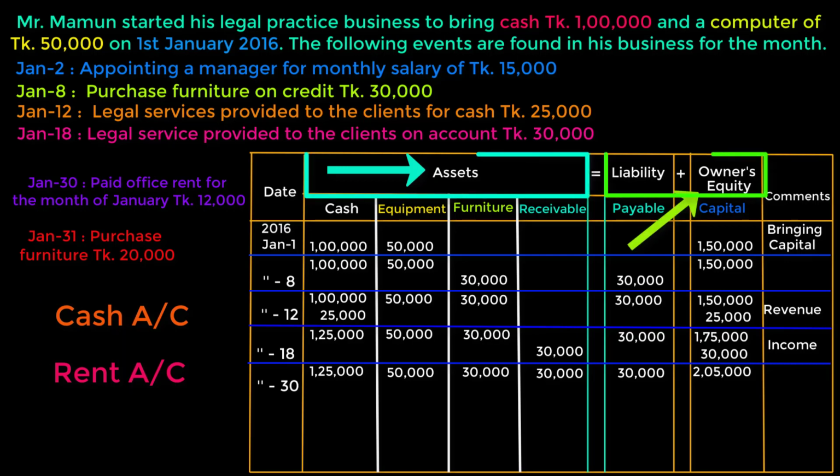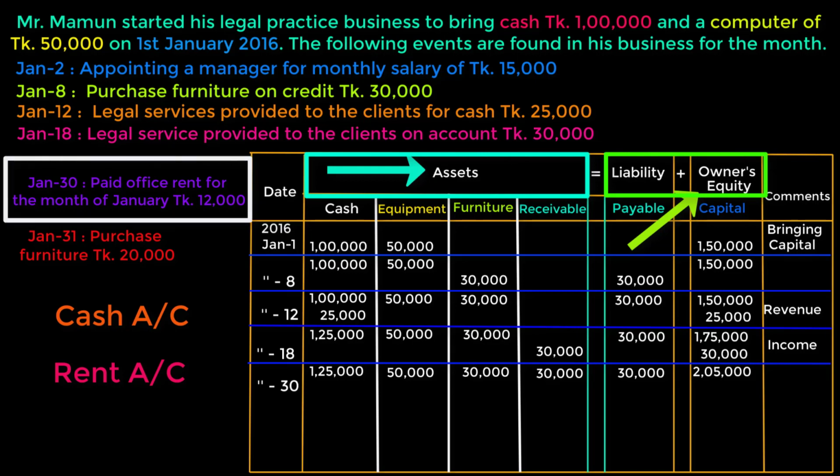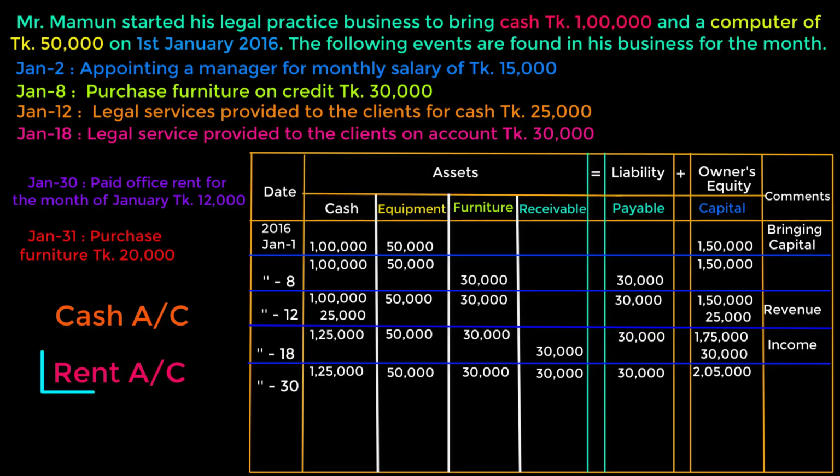See, both sides of the equation will be changed here for this transaction again. Now tell me, for this rent expense, will this capital be increased or decreased? Certainly, this capital will be decreased. So we will write this 12,000 taka here in this column within a bracket.